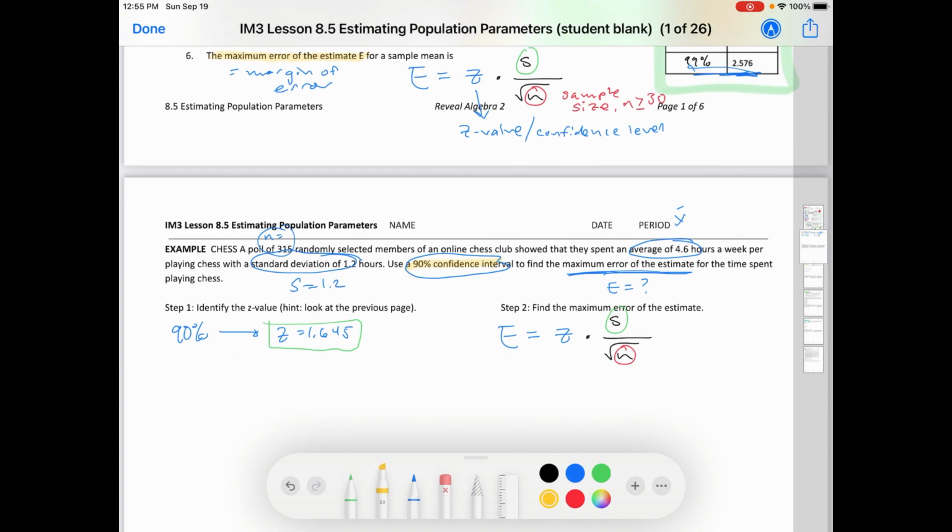Okay, so the Z-score comes from here. So right there, I'm going to write 1.645. And then the S is the standard deviation, so that's why I'm going to write 1.2. And then the N value was 315.